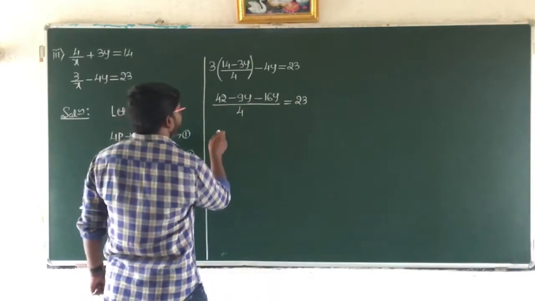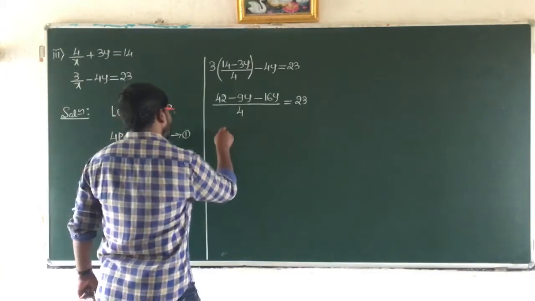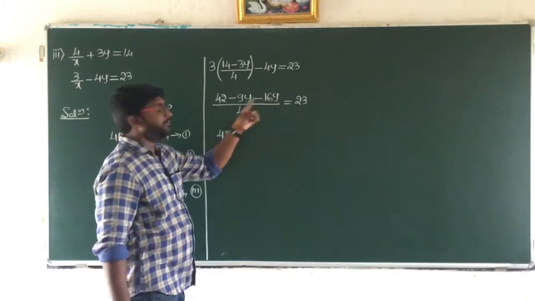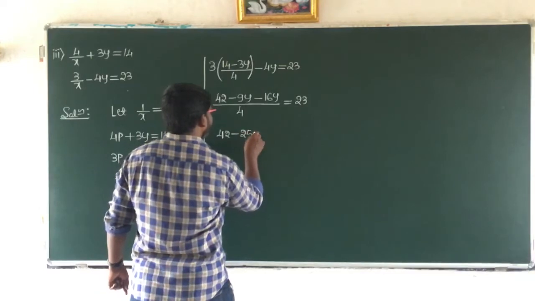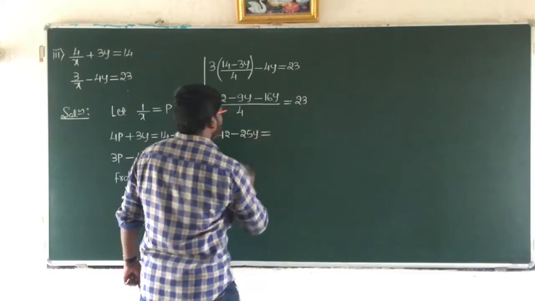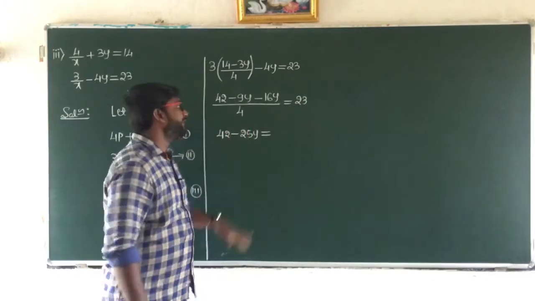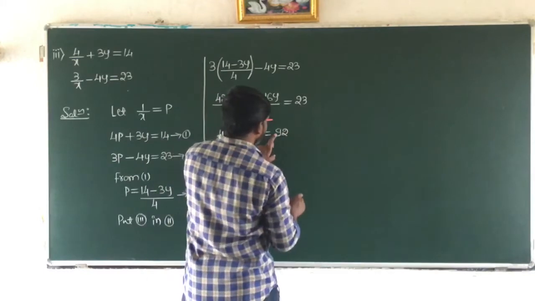So now see here, 42 minus 9y minus 16y will be minus 25y which is equal to, take 4 to the RHS, it will be multiplied with 23. We get 92.